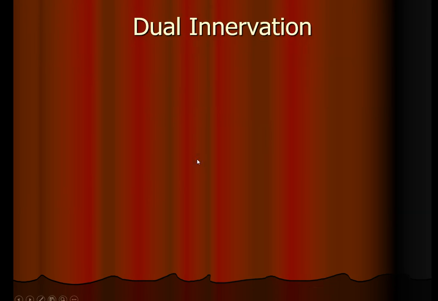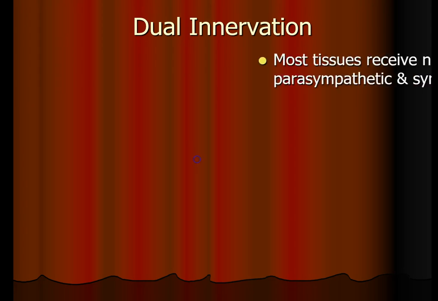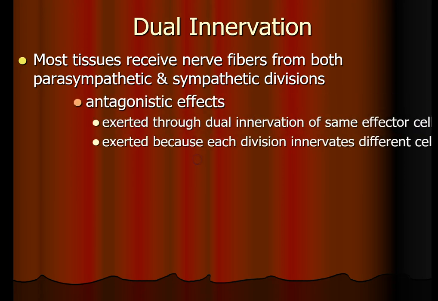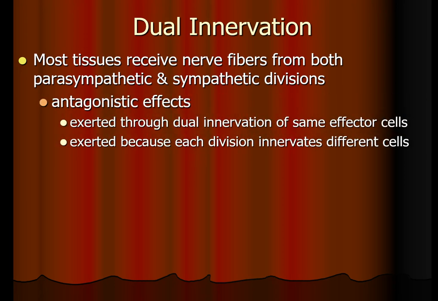All right, so most target organs, most tissues, have dual innervation, meaning the sympathetic nervous system innervates it, the parasympathetic nervous system innervates it. And sometimes, because of this, they'll have antagonistic effects. They'll work opposite each other. Sometimes that's through dual innervation of the same effector cells.